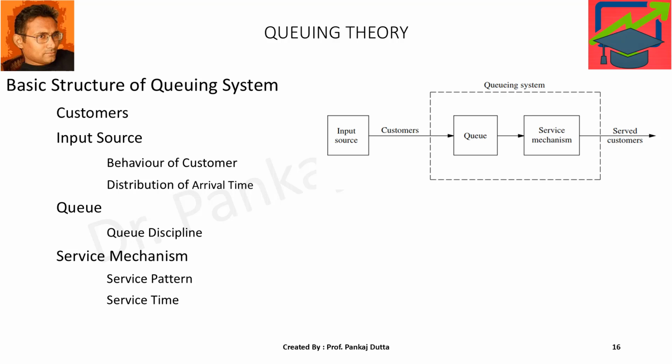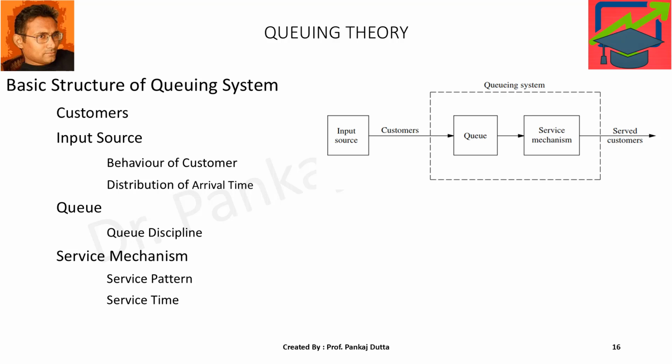Another related aspect to service mechanism is the concept of service time or holding time. Service time refers to the duration from the beginning of service till the end of the service. Simply put, it is the time required by the server to complete the service for a customer.